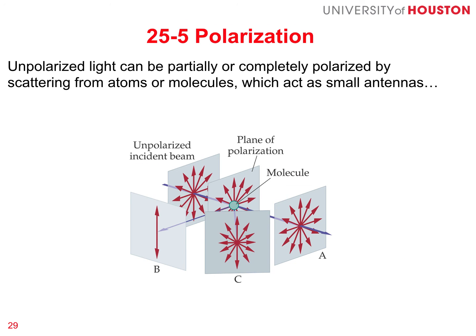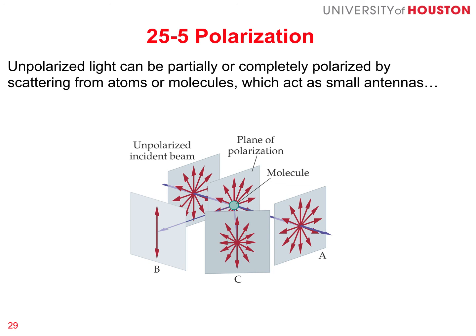Unpolarized light can be partially or completely polarized by scattering from atoms or molecules. Here we have an example where unpolarized light hits a molecule. The light that is scattered to point A is still unpolarized.